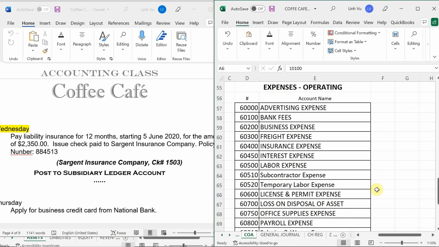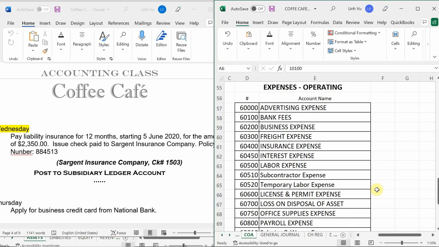Is it payroll expense? This is insurance. It would be the insurance expense 604 here. Yes, because in this case, we're paying for insurance, right? So we got an insurance expense.